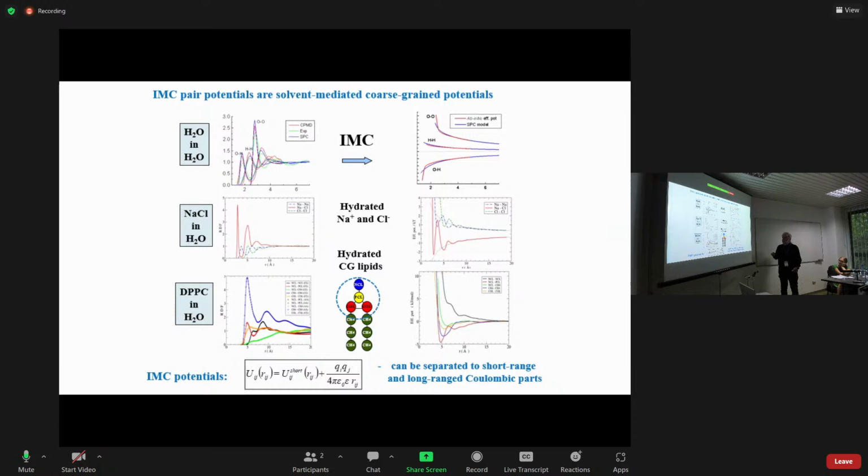So this makes it possible to divide these potentials into short-range parts and a long-range part. And of course, the short-range part is a very ugly, wiggling function, whereas Coulomb's law is very smooth.